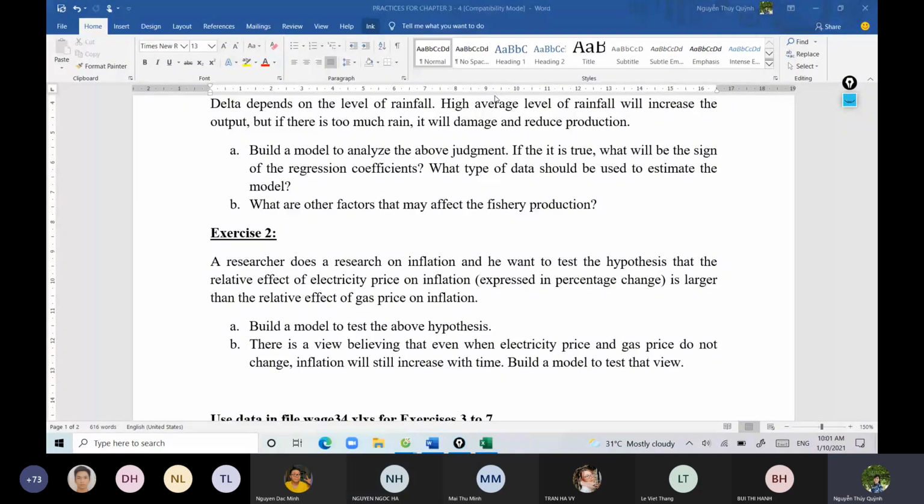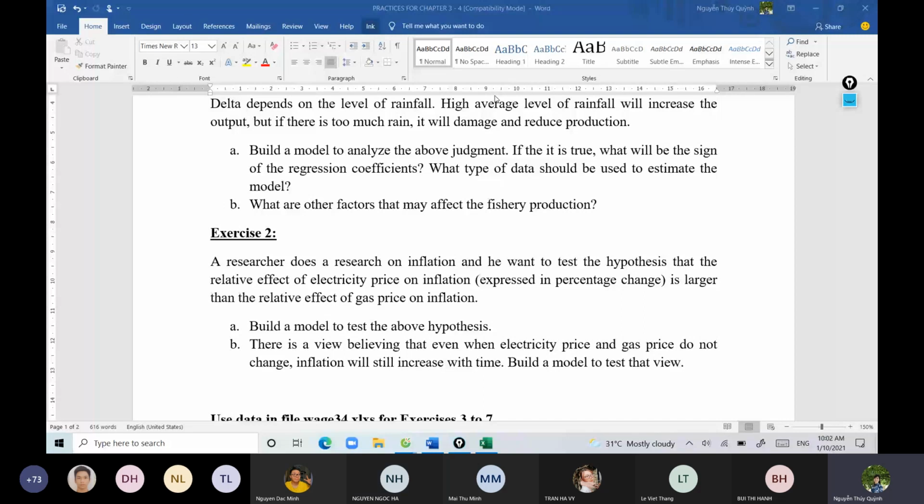So we have one more independent variable here, that is the time, or the trend. Now you will be more familiar with the time or trend variables in forecasting in business and economics. But now you haven't studied that yet.